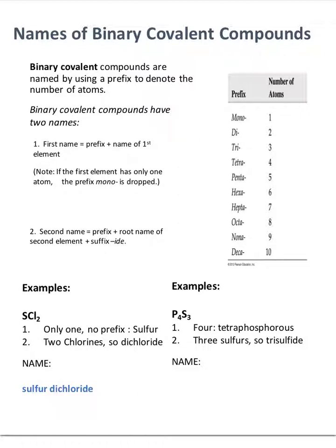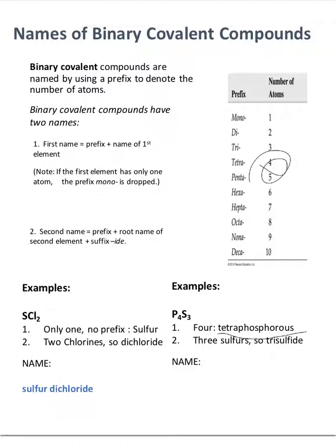Okay, if we look at the other example that's on the right-hand side, the first atom that's there is phosphorus. So we name just like we would from the periodic table. So we have phosphorus, and then we need to come up here and use the prefix for 4 atoms. So what we end up with is tetraphosphorus. Then if we look at the second piece, we have 3 sulfurs.